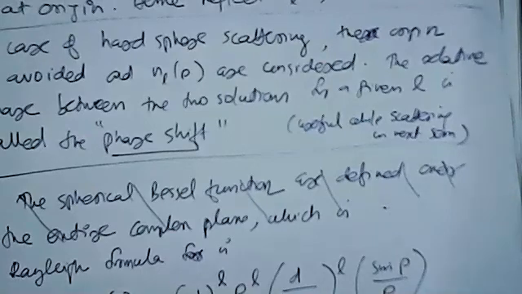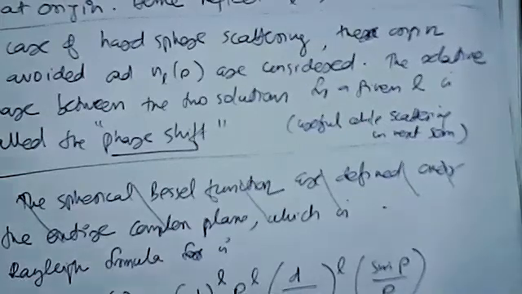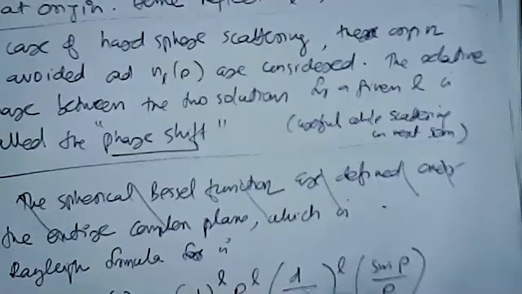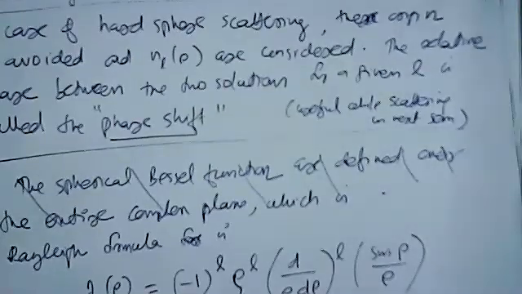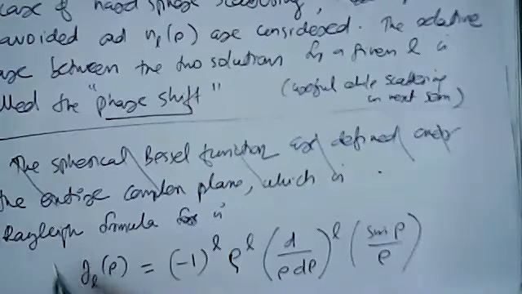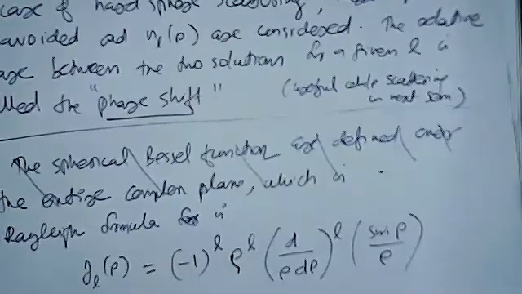J_L of rho equals minus 1 to the power of L, rho to the power of L, times (1 over rho d by d rho) to the power L, acting on sine rho by rho. This is a formula for evaluating the spherical Bessel function, given by Rayleigh. Now you put L equal to 0 in this equation.